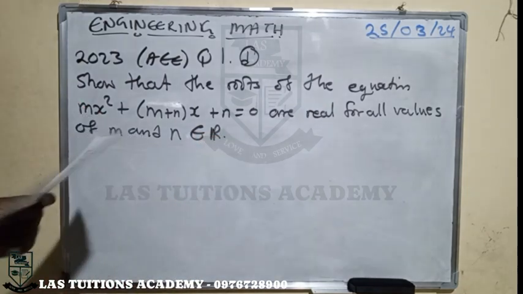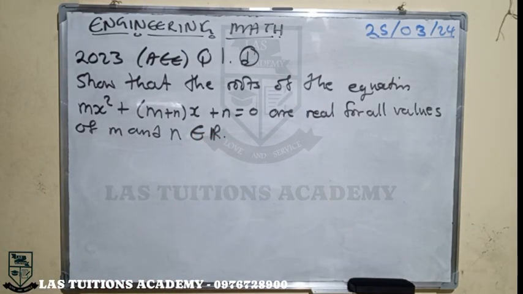Okay, so we have that question there, which says show that the roots of the equation mx squared plus (m plus n)x plus n is equal to 0 are real for all values of m and n.